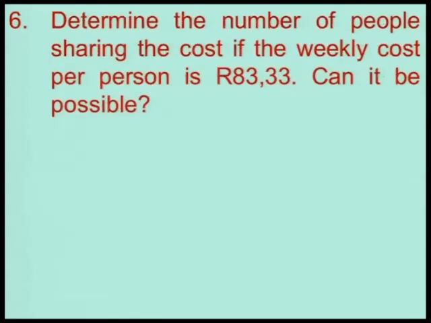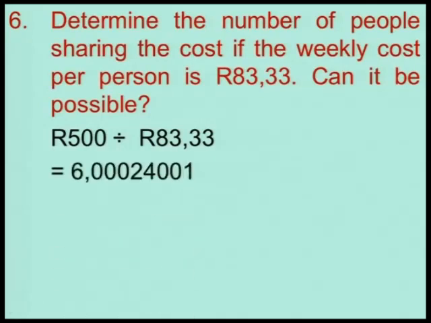Now they can ask you, determine the number of people sharing the cost if the weekly cost per person is 83 Rand 33. Can it be possible? Remember, they pay 500 Rand together. So now we want to see how many times that 83 Rand 33 can go into the 500 Rand. So we divide 500 by 83 Rand 33.